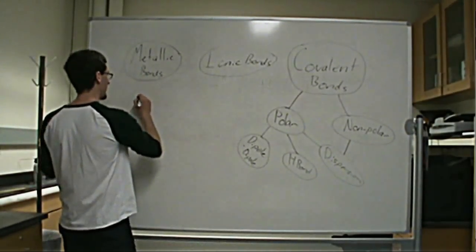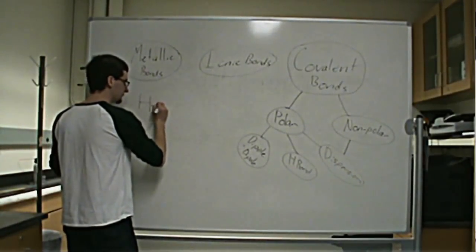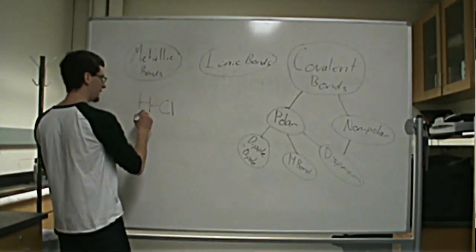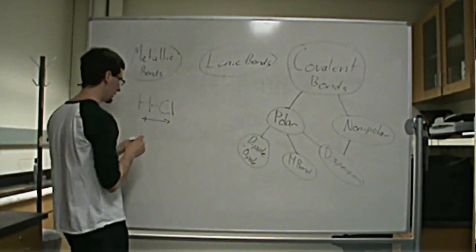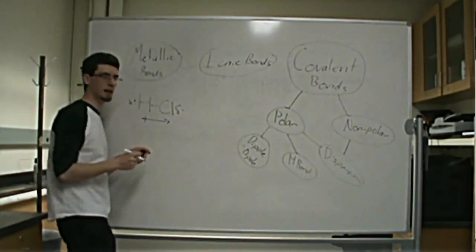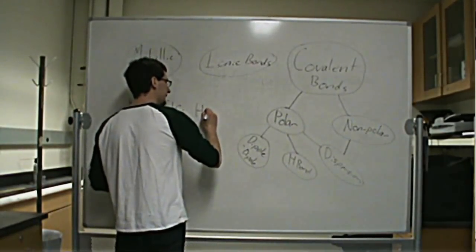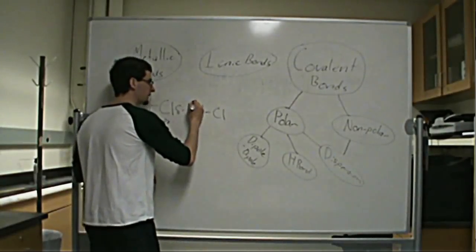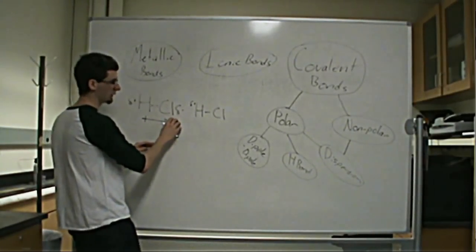So dipole-dipole interactions. If we have something along the lines of HCl, we can have a dipole pointing this way. Since this end has a partial positive and this end has a partial negative, if we end up having another HCl molecule next to it, it's going to align itself in such a fashion to have its partial positive, where the hydrogen is, be near the other molecule's partial negative, where the chlorine is.